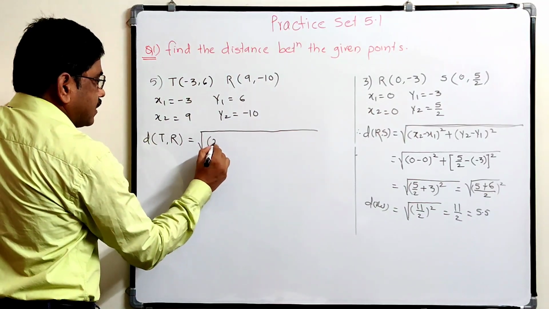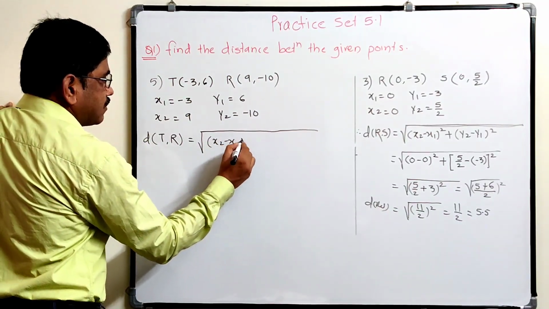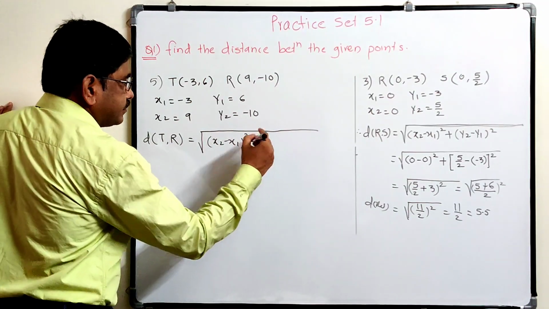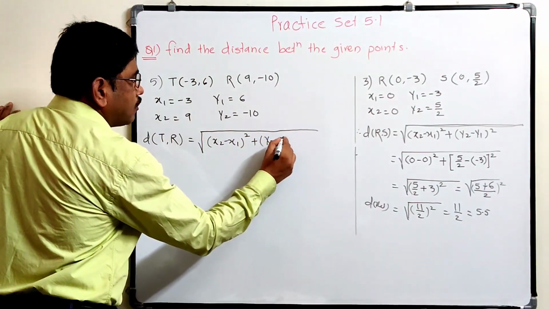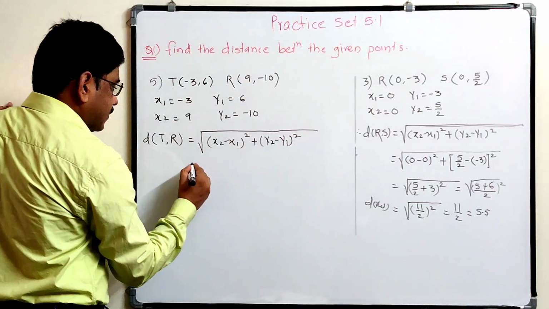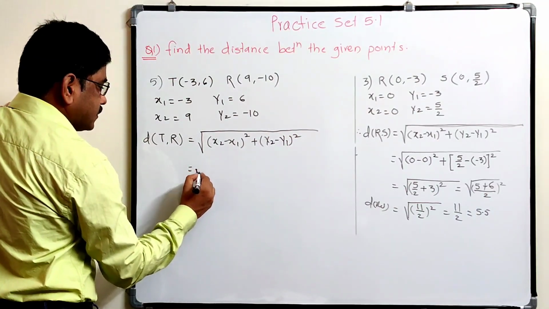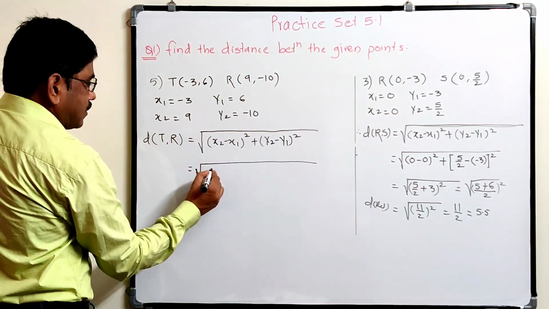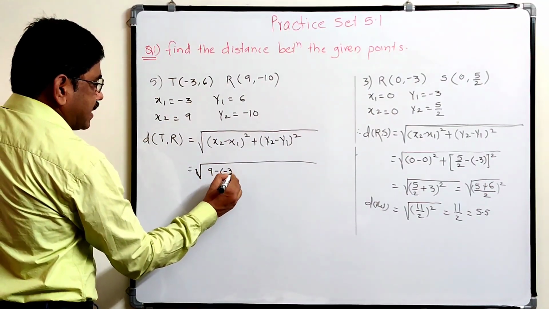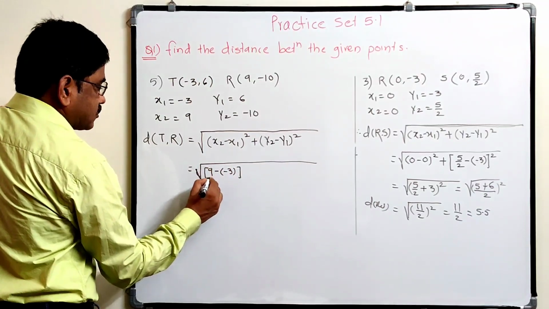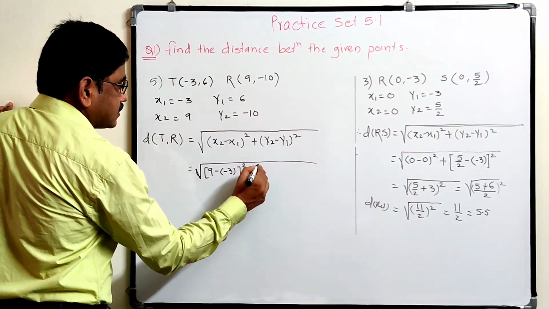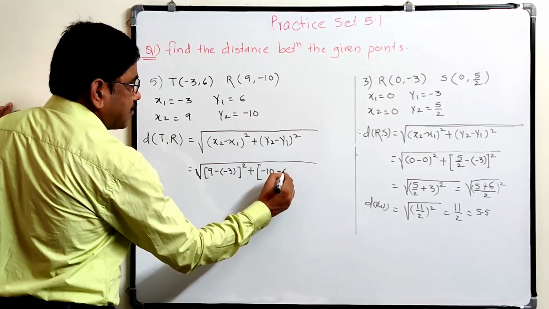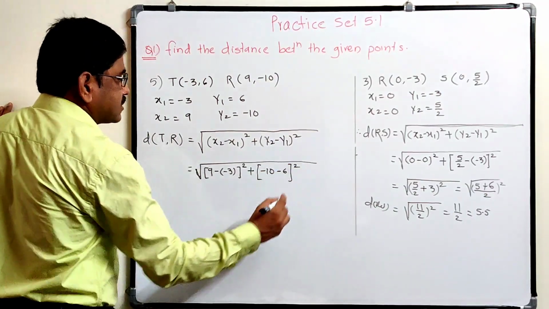So here (x2 minus x1) bracket square plus (y2 minus y1) bracket square. Now substitute the values. So (9 minus (-3)) bracket square plus (-10 minus 6) bracket square.